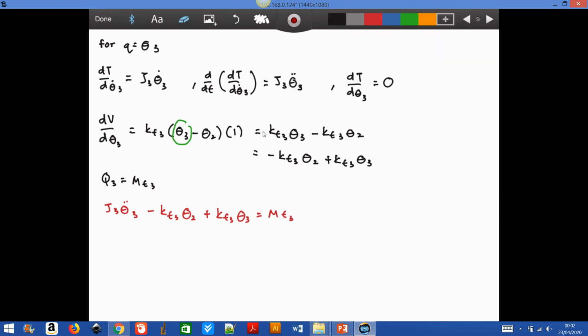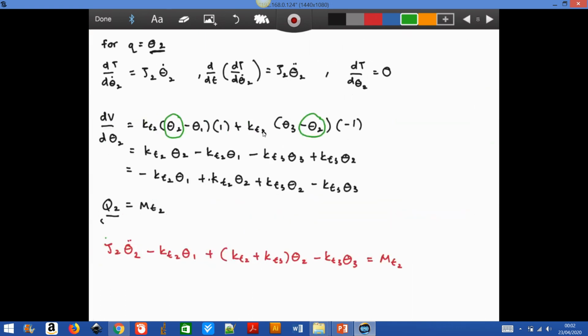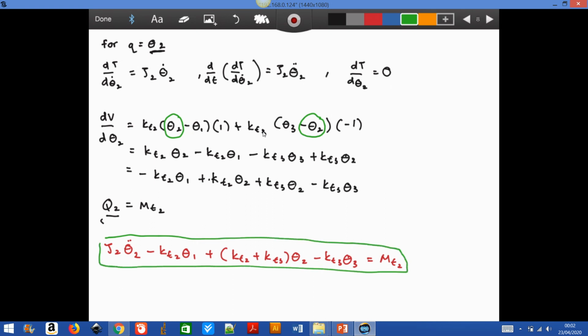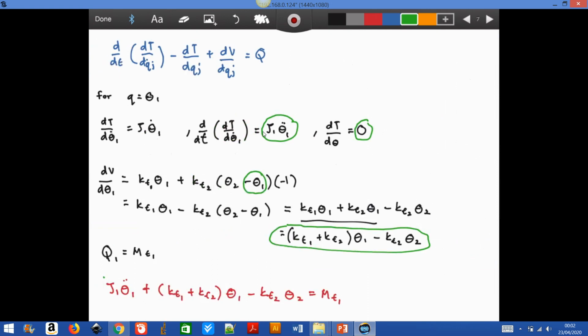So we already have all of the equations for theta 1, theta 2, and theta 3. Okay, this is the second one. And this is the first one.